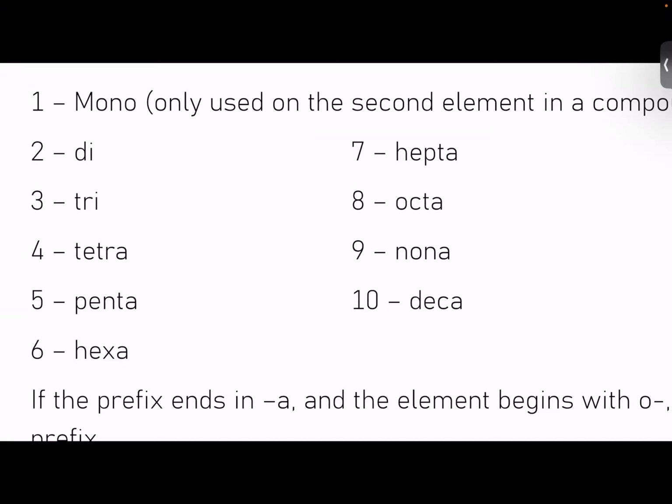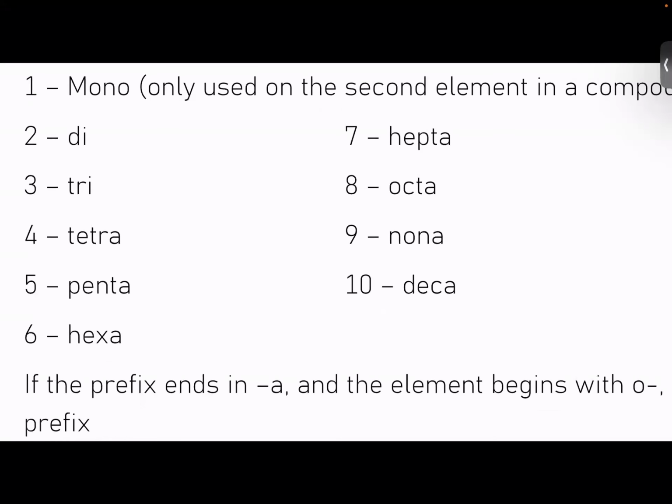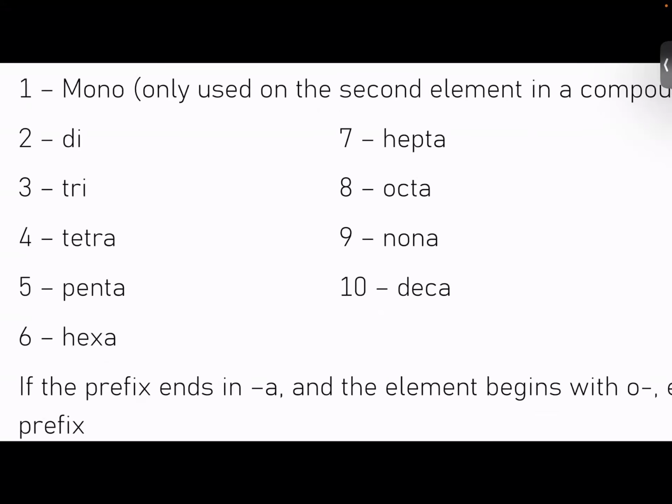Now, when working with these prefixes, if the prefix ends in A, which the majority of these do, and the element begins with an O, technically with an A too, because you can have arsenic.